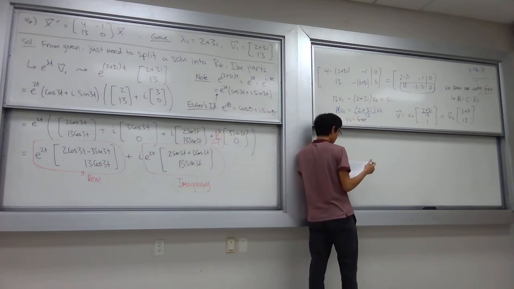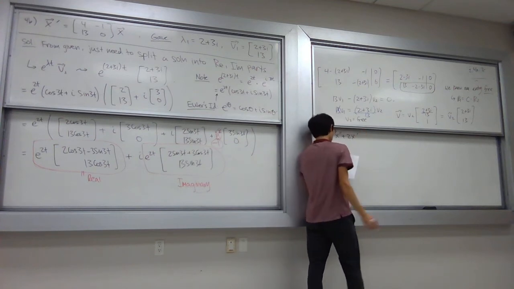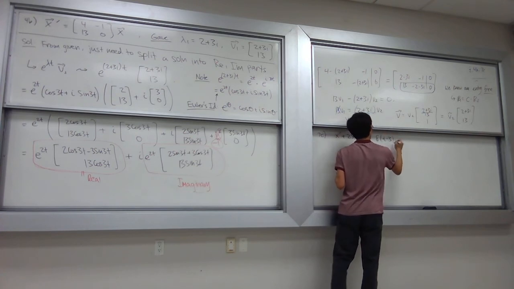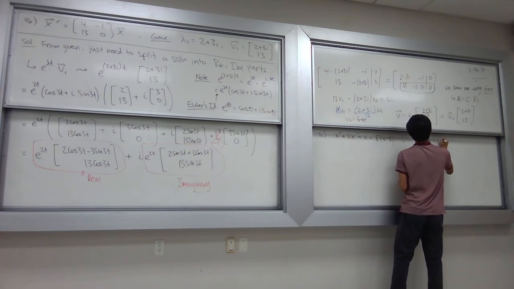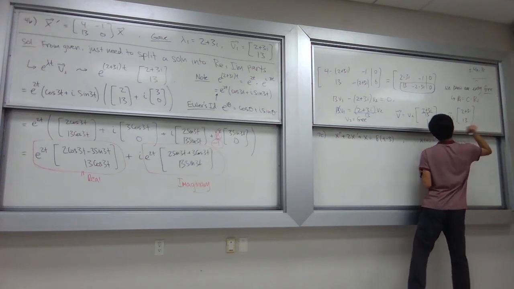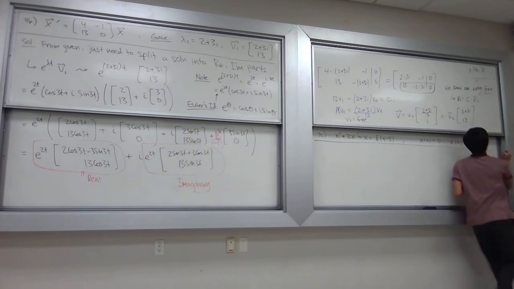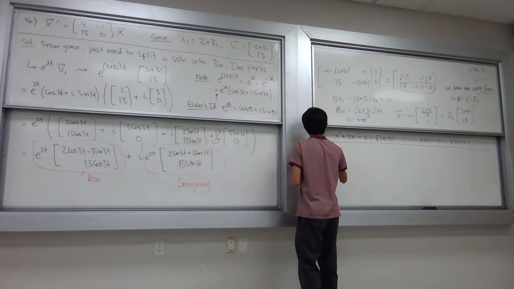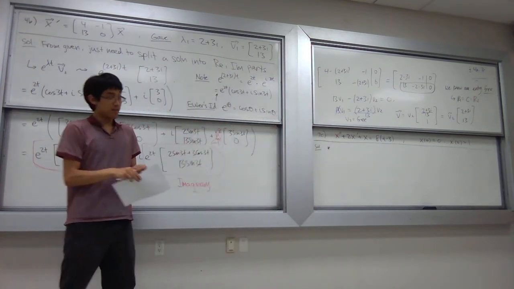So Laplace transform. The equation we're given is x double prime plus 2x prime plus x equals delta of t minus 3. And initial conditions 0 and 1. So what's the first thing we do?